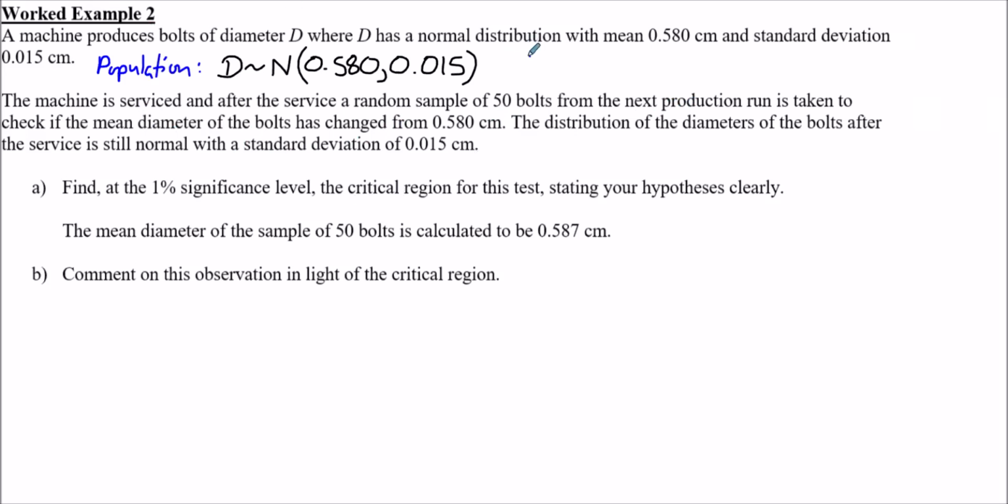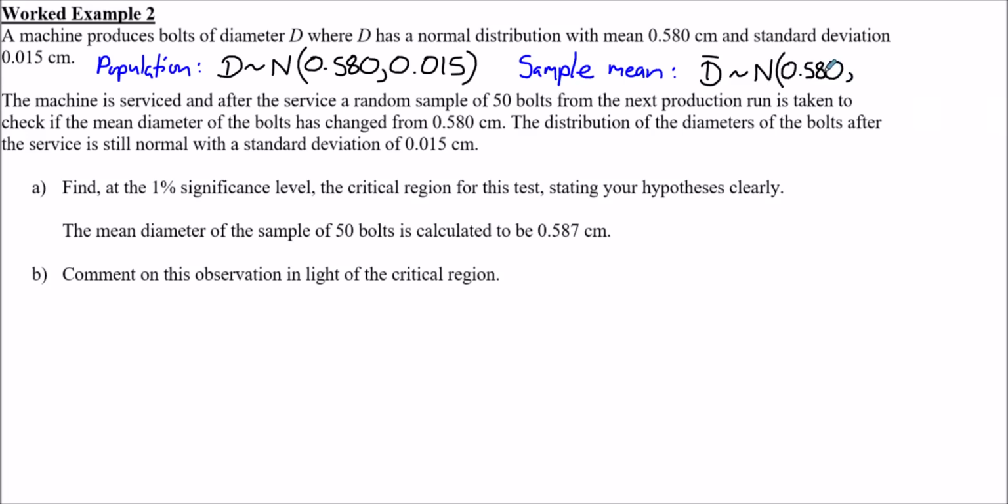We can now consider the distribution of the sample mean. So the sample mean, d bar, the distribution of the values of the mean diameters from the sample, will be normally distributed. We've been told that the mean diameter, we assume it's the same as before, so we go for 0.580. We'd always assume that the sample mean is the same as the population mean.